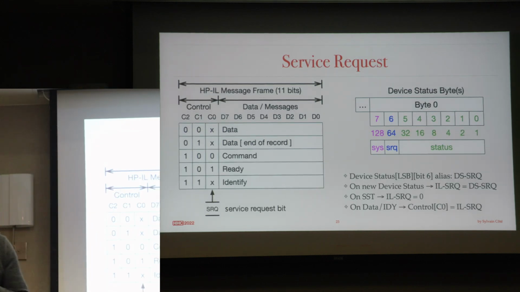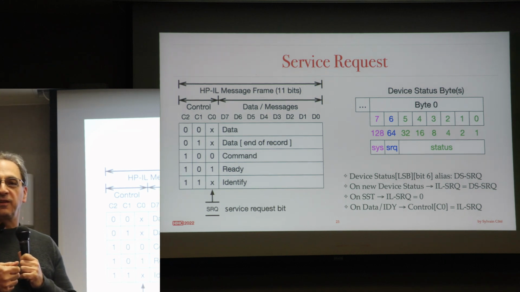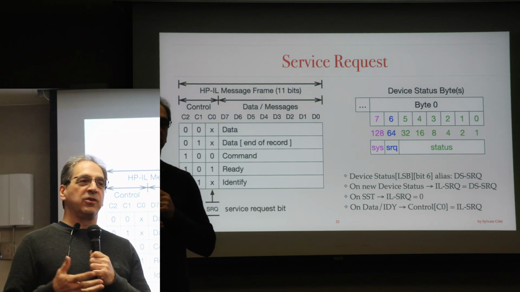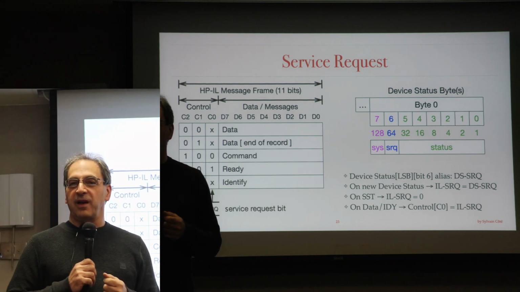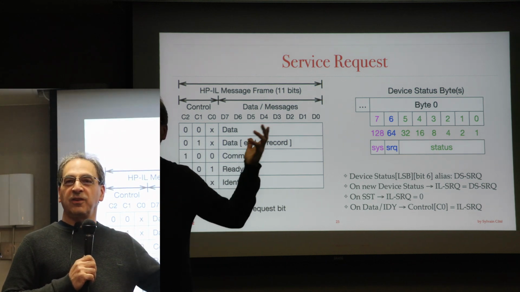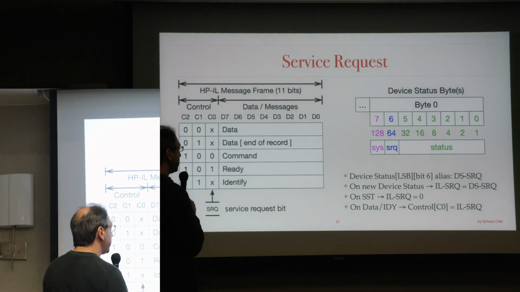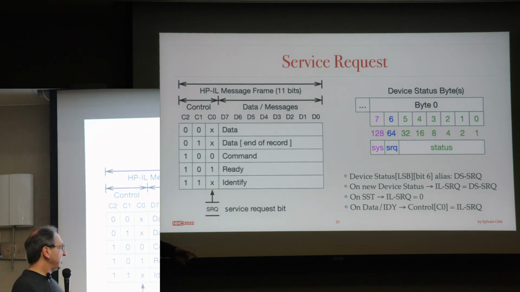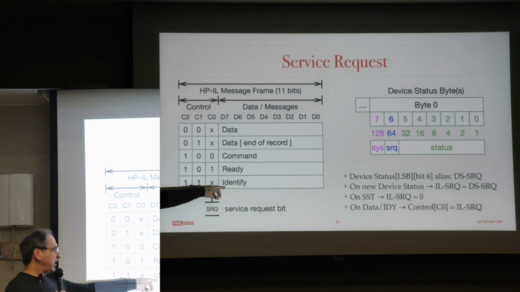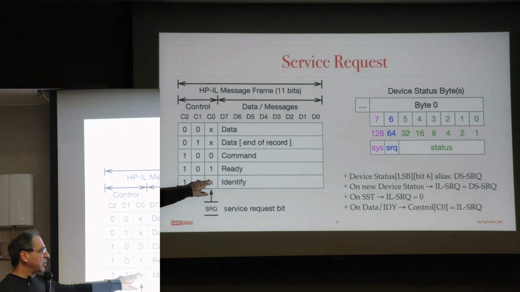Okay, service request. When you set the device status to a value, you set bit number 6 at 1 to mean I need service. That's the one that we saw a couple of slides before on the HPIL message. When you send an identify frame, it's going to be sent with 0, and when it's 0, it's identified.